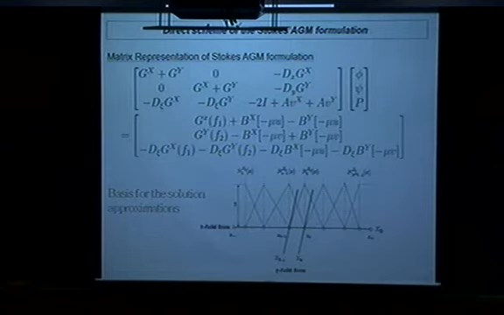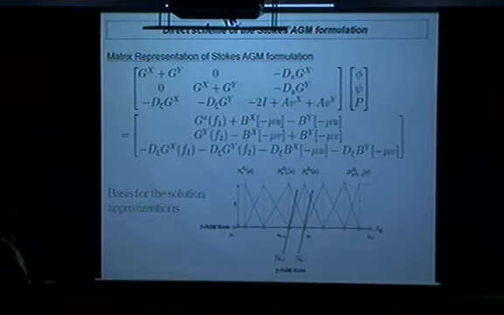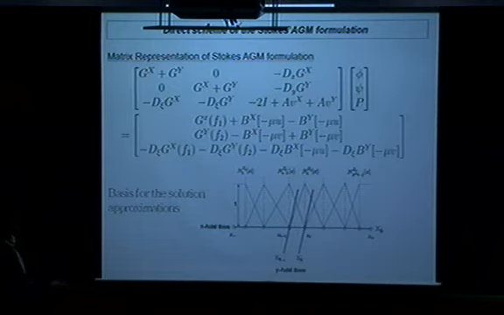But in the other methods, this will always be 0. So that makes some problem. But in our case, this will be very good. The matrix is located in the third part of the Stokes system. So this is the main merit, the main advantage of our method.